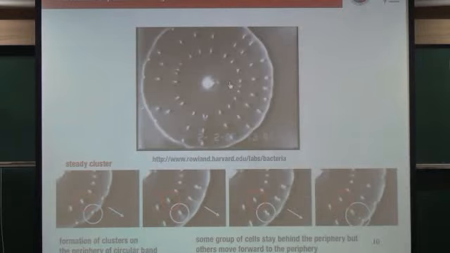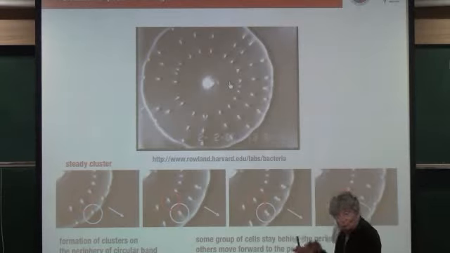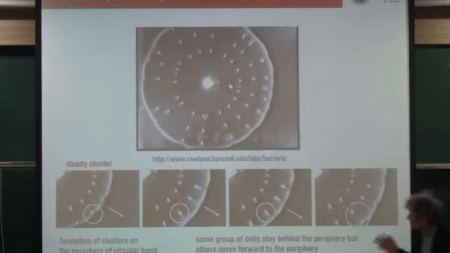So it's very nice, cooperative. So a group, that's a cluster, you stay here, and I'm moving this way to make a new cluster. So this is a kind of mechanism to generate this kind of pattern.